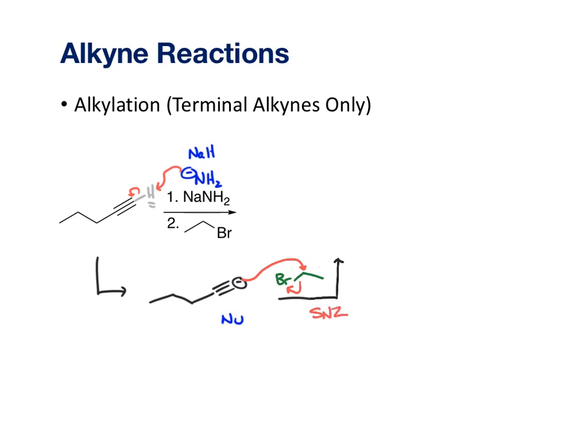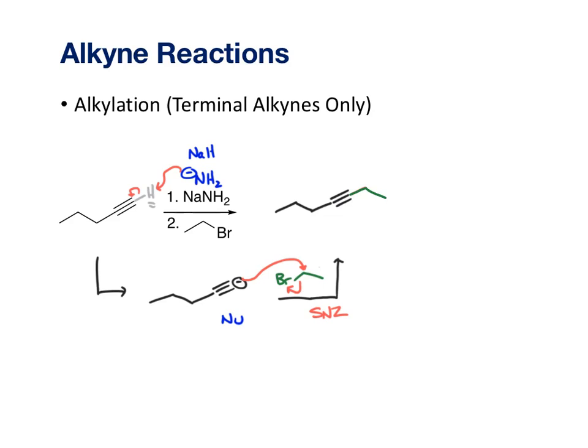This is just an SN2 reaction. And now what we've done is we've added the ethyl group to the alkyne. And you can do any of those alkyne reactions we talked about before with this.